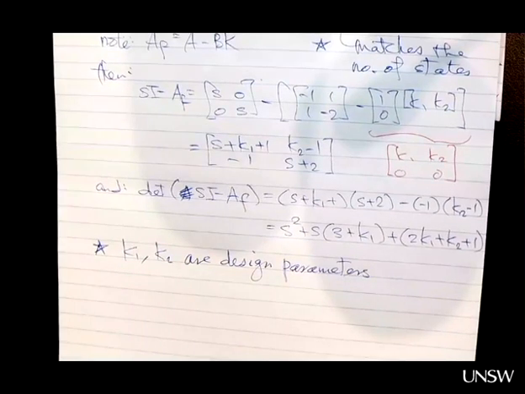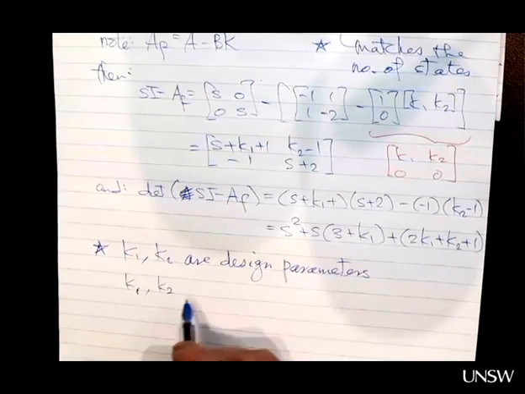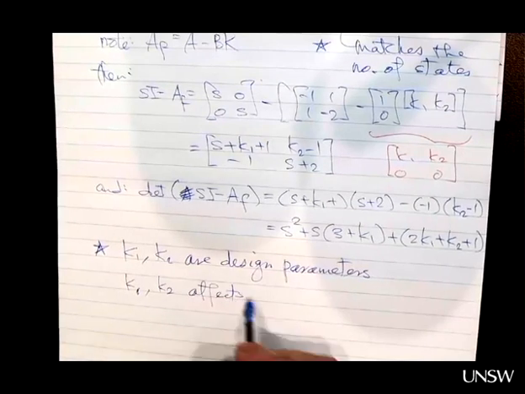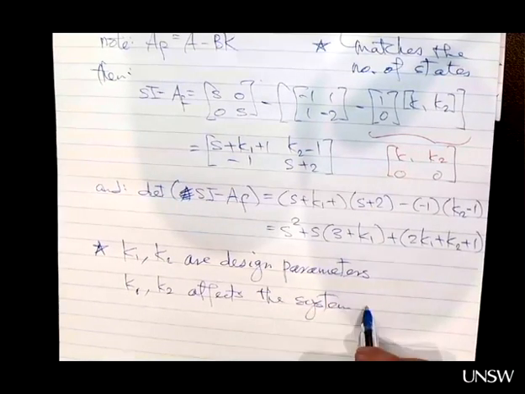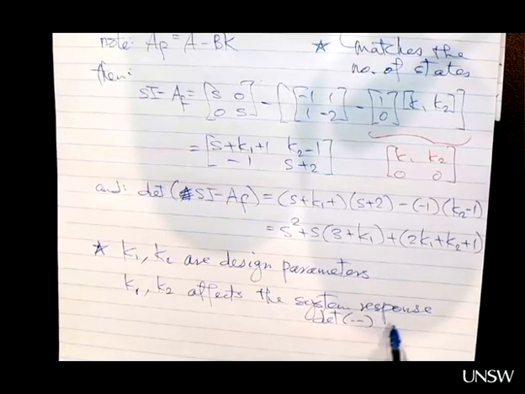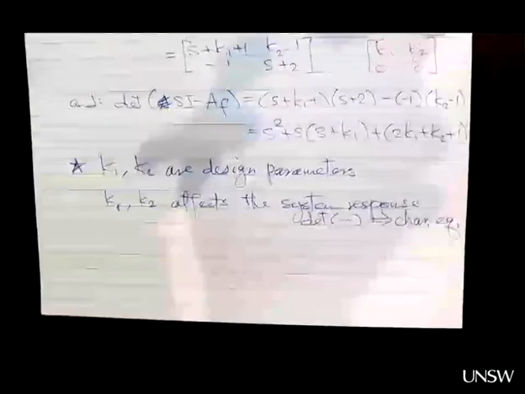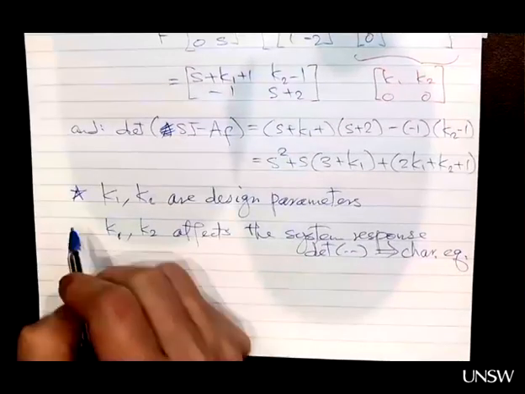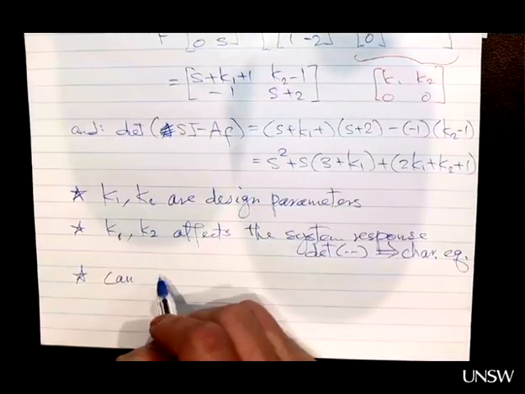And then we also see that K1, K2 affect the system response, because the determinant is our characteristic equation. And of course the characteristic equation determines the system response. Then what we can do is we can specify our response.